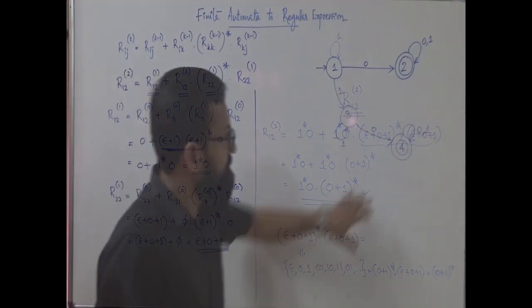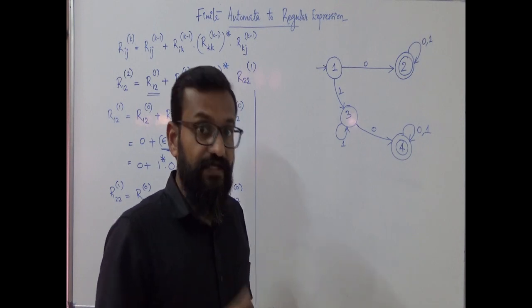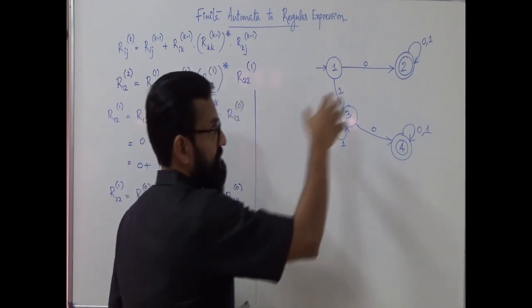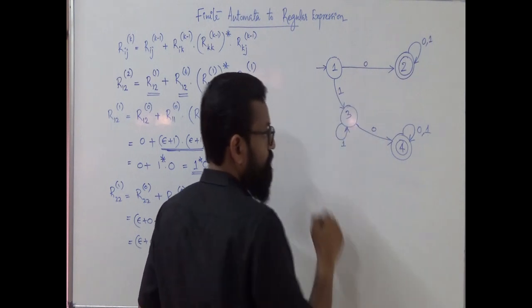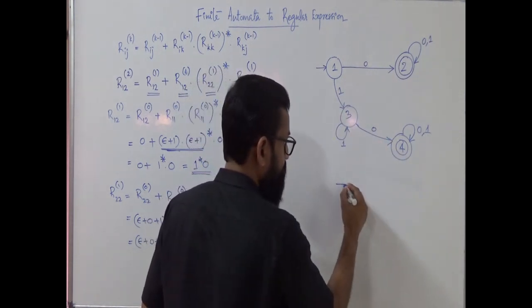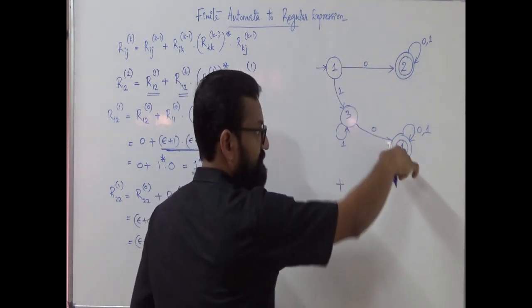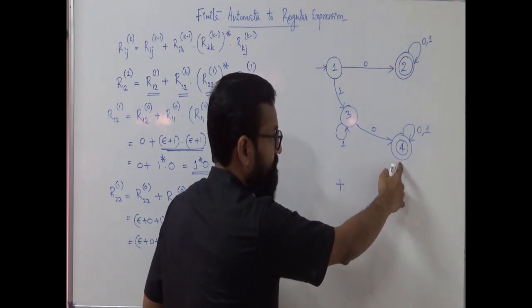That's it. Now consider this particular DFA. You have two final states. So you need to determine the regular expression that accepts strings at final state 2 and that accepts strings at final state 4. So you have the set of strings that are accepted at final state 2 or the set of strings that are accepted at final state 4.